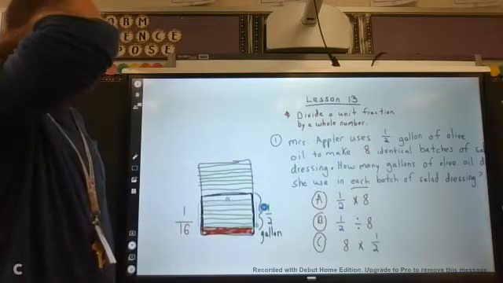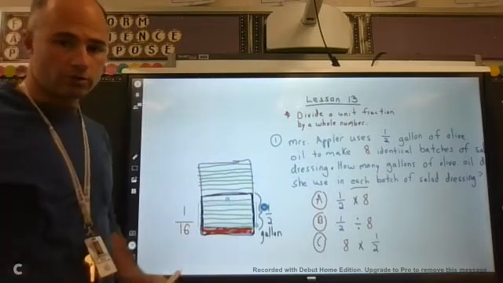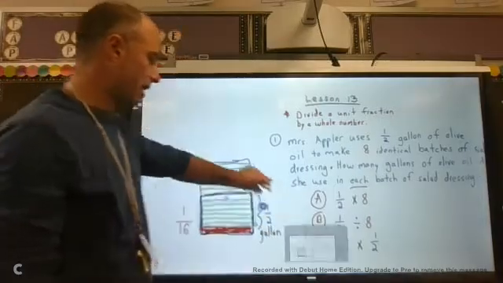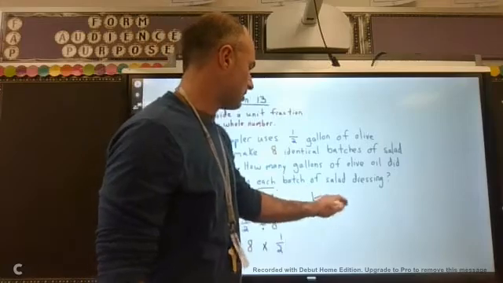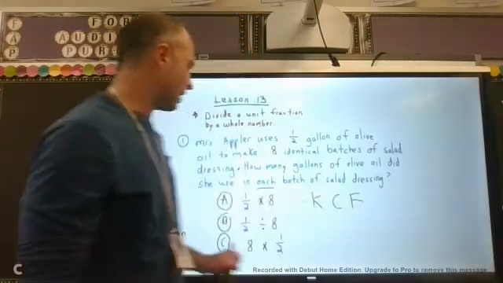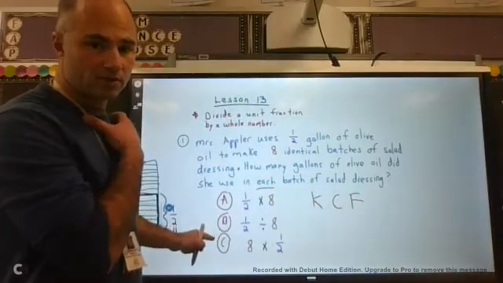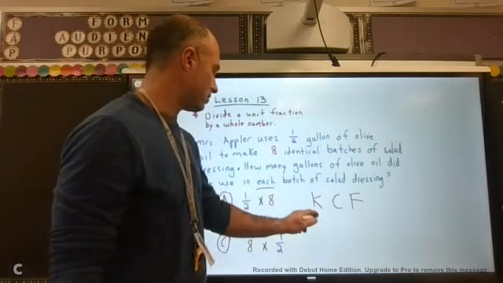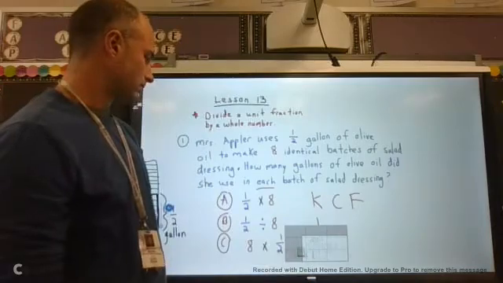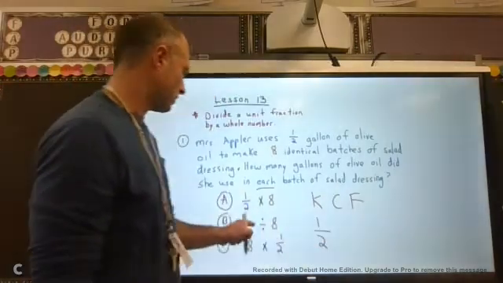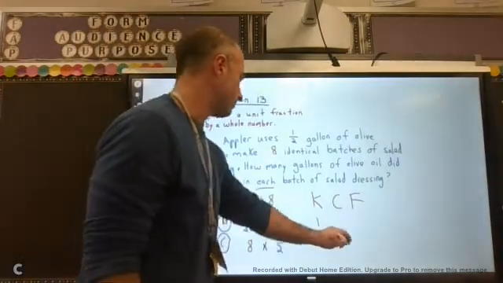Now I also want you to solve it using multiplication. So how do you do that? KCF. We've already identified that B is the answer here. So now I'm going to keep the half. Change it to multiplication.